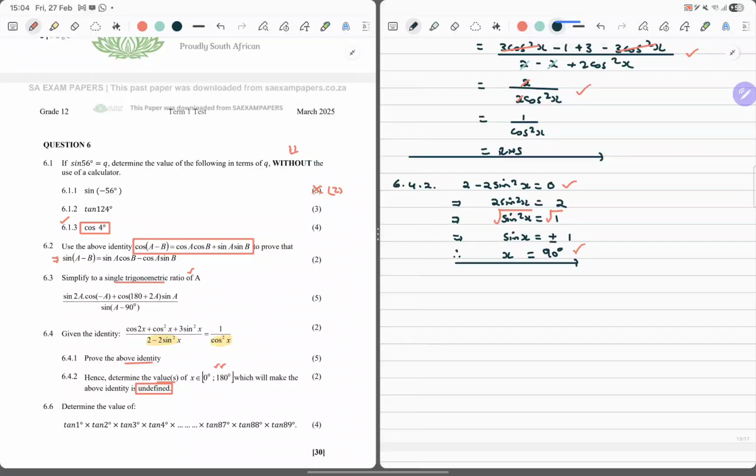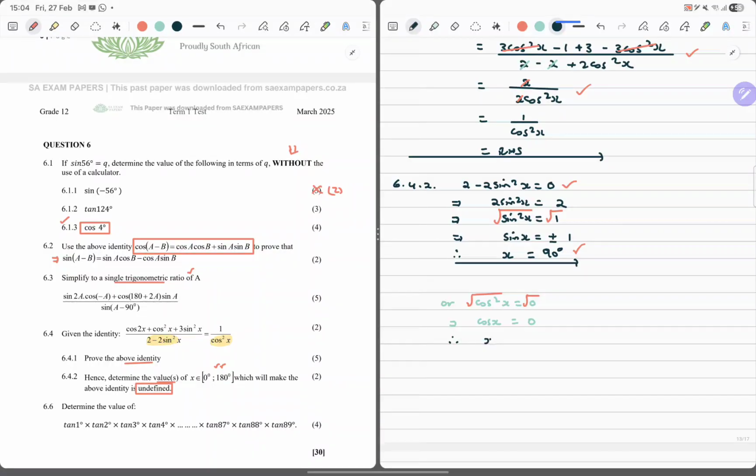Okay, good. Or for those who are brave, we can actually take cos squared x and say this must be equal to 0. So this implies that essentially cos x is going to be equal to 0 when we take the square root on either side. 0, you can't say plus minus.